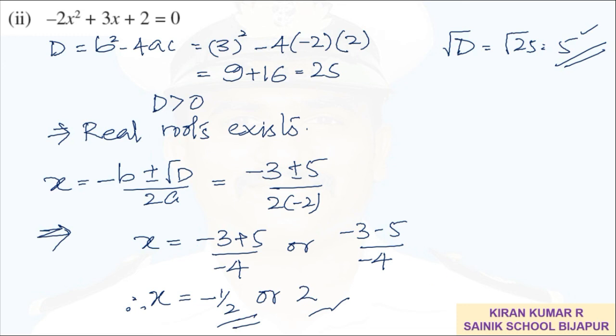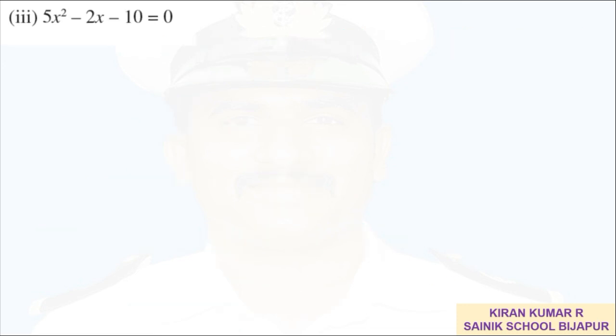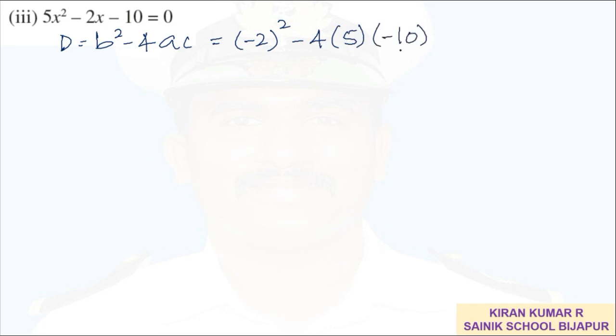Let's see the third sub question. The third sub question is 5x square minus 2x minus 10 equal to 0. Let's find the value of discriminant by using b square minus 4ac. B square is negative 2 whole square minus 4 times a value is 5, c value is negative 10.